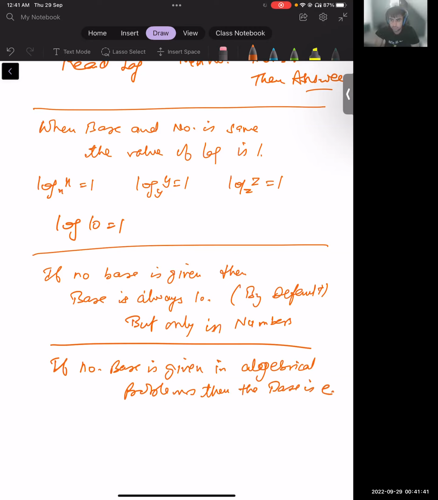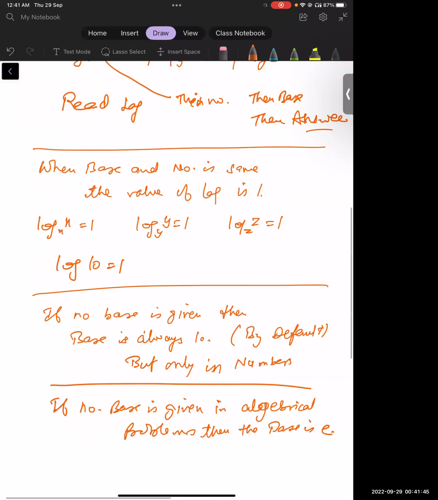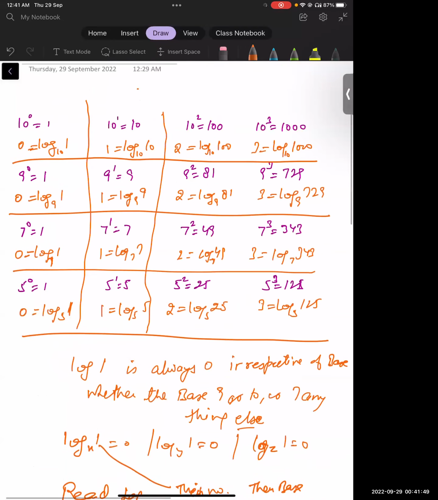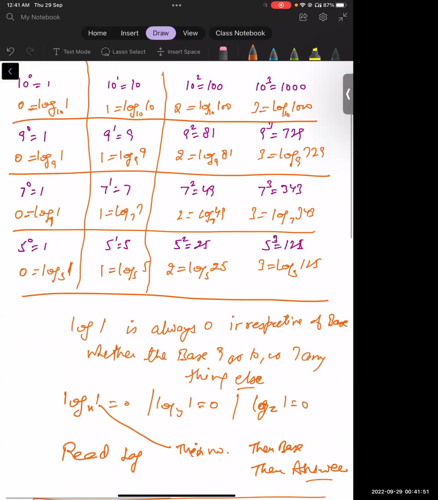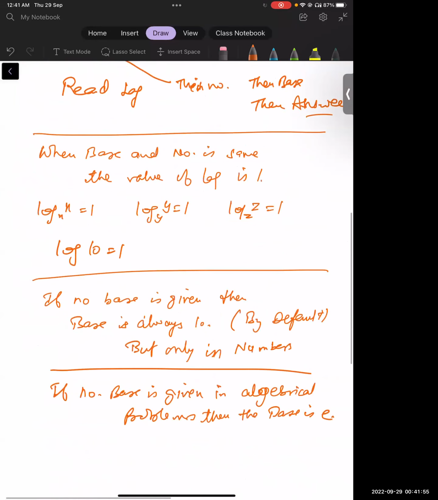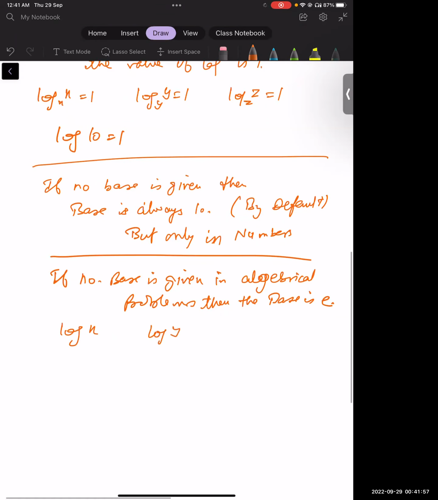For numerical problems like 10, 20, 30, 40, etc., 0.5, 0.2, any number, the base is 10. But if it is written log x, log y, with no base given, then the base is e. Then it will be log x to the base e, log y to the base e.